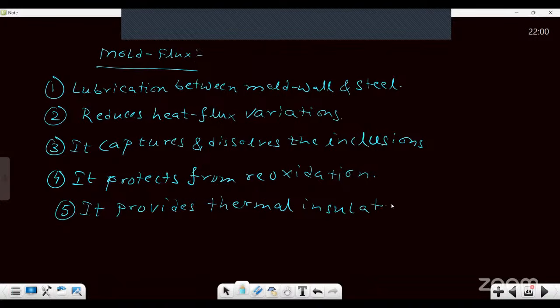So these are some of the functions which mold flux actually does.